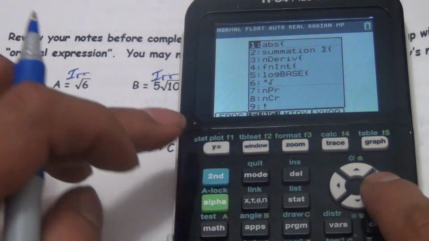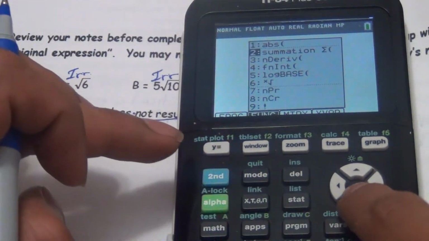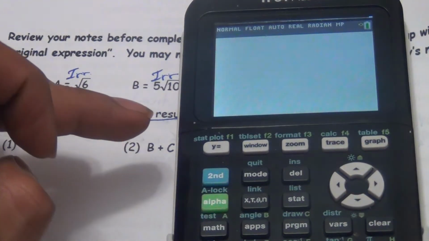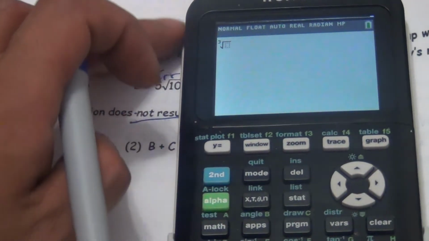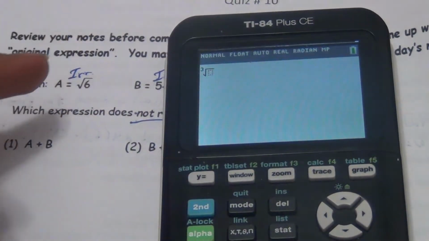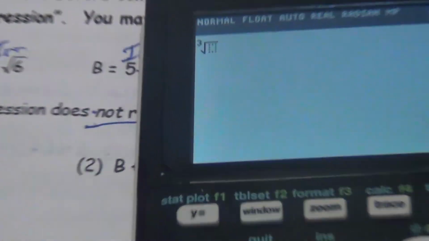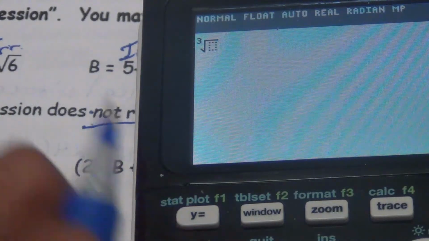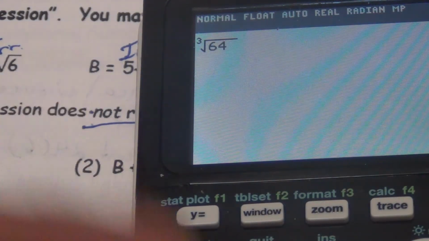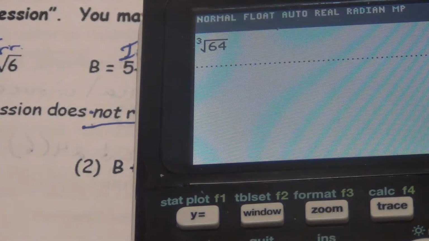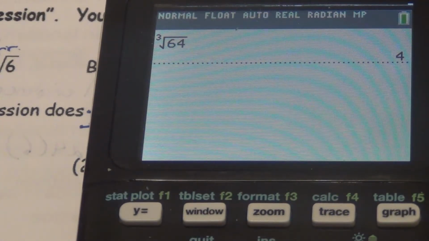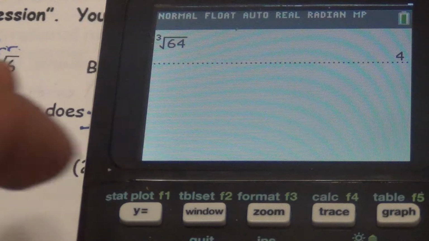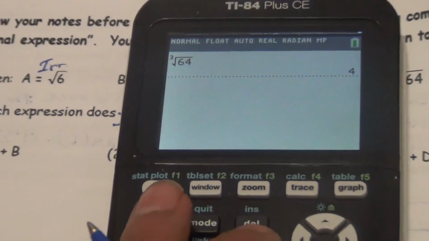I pressed alpha, y equals, and I just went to the right and right here. So cubic root of 64. I know what it is, but still, look. So now, what is it? It's 4. But why is the cubic root of 64 4?